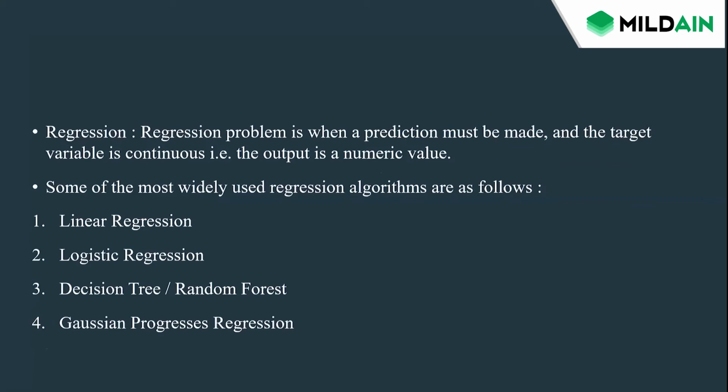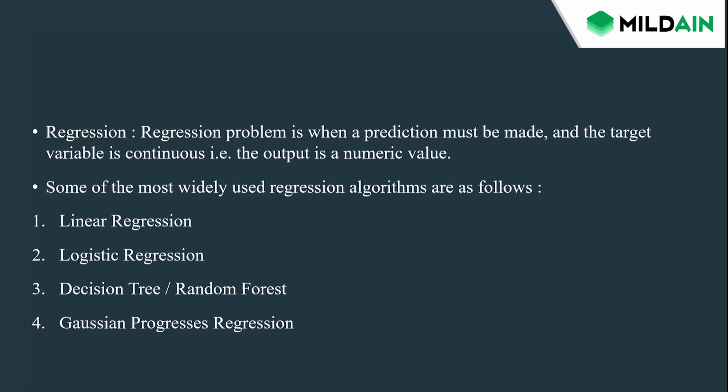Now, a regression problem is when a prediction must be made and the target variable is continuous, that is, the output is a numerical value, right? When you have numerical values, then we go with linear regression or multilinear regression. When you have a dependent variable that is yes or no, true or false, 0 or 1, then we'll go with logistic regression, right guys?